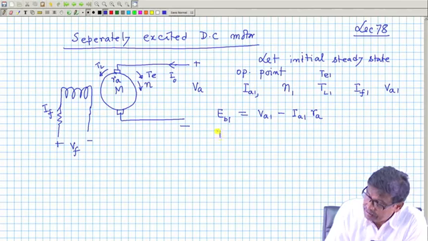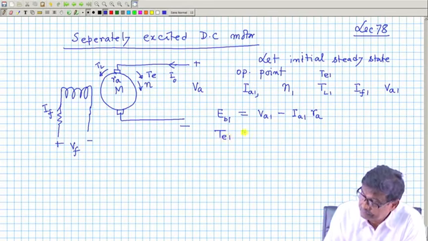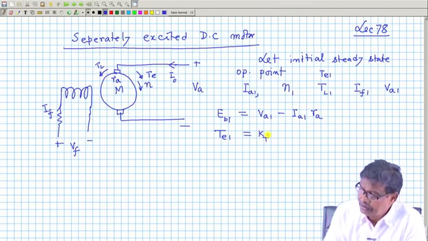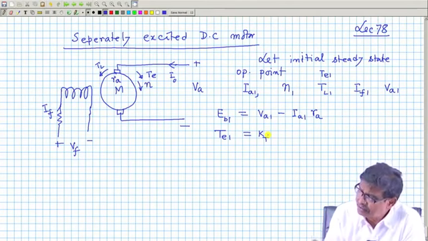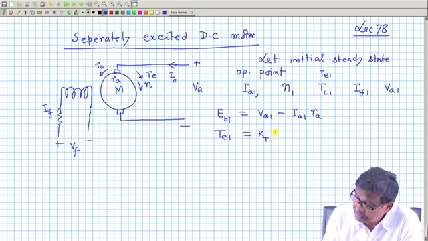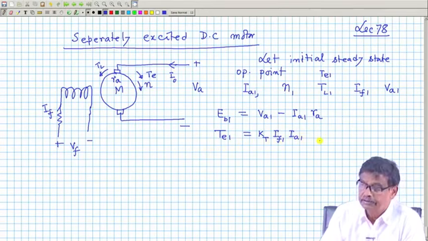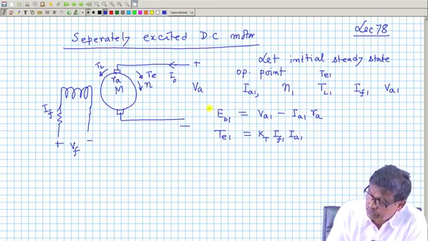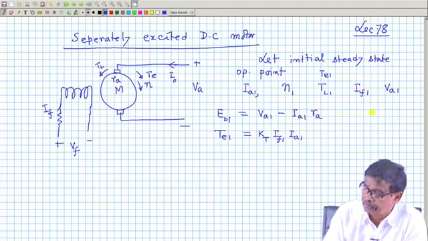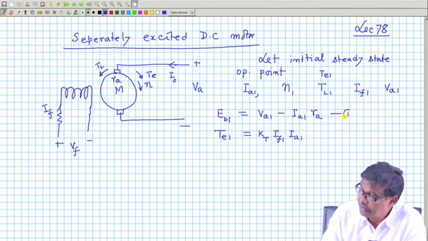And the electromagnetic torque developed will be equal to some torque constant into flux into armature current. Flux is proportional to field current IF1, so T1 equals kT into IF1 into IA1. These are the two fundamental equations, straight away write down. This is equation 1 and this is equation 2.